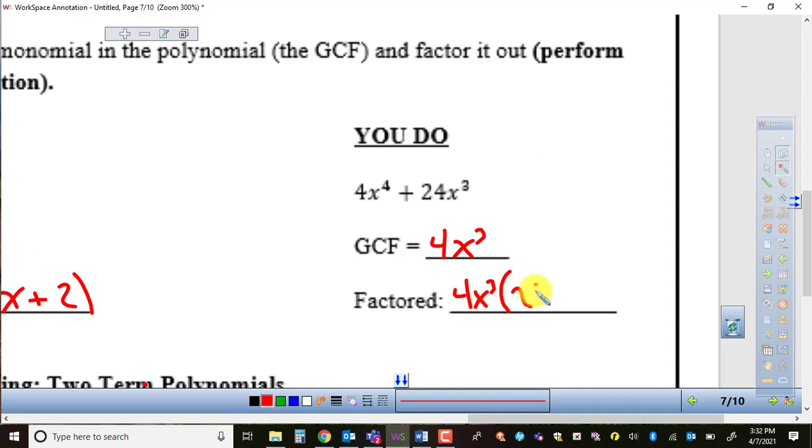I need a factor of x. And what did I multiply 4x to the third by to get 24x to the third? That would have been 8. So I just factored the expression 4x to the fourth plus 24x to the third into these two factors, 4x to the third and the quantity x plus 8.